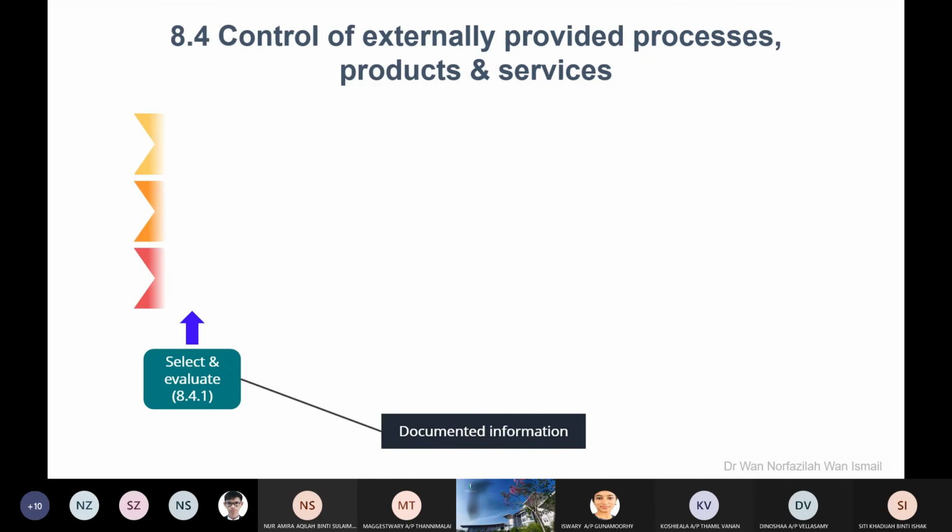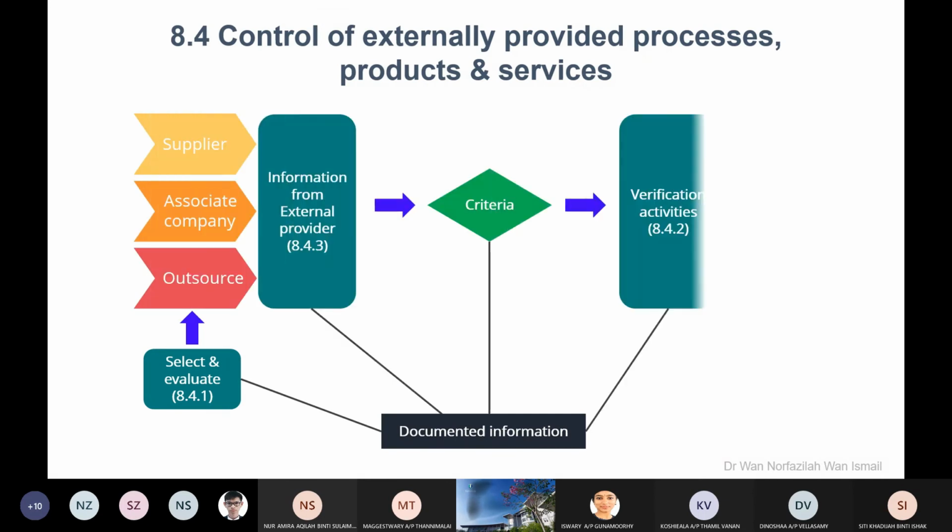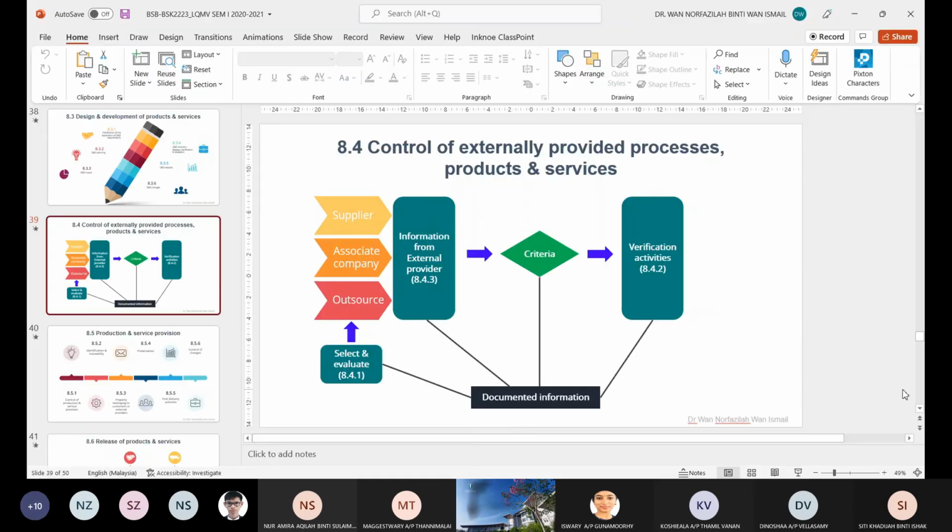8.4, control of externally provided processes, products, and services. Before we look at the requirements, first you need to understand what it means by externally provided process, products, and services. Okay, that one I'm going to ask you guys, what do you understand by the words externally provided process, products, and services?